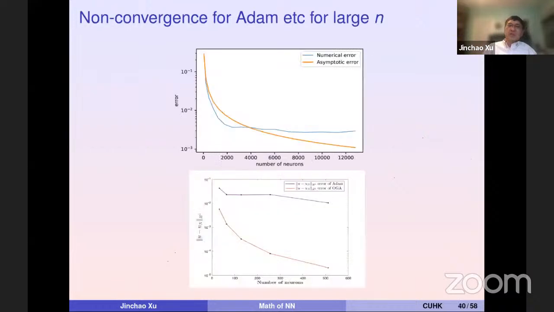I'm going to address these things a little bit. So here's the deal. This yellow line is maybe n to the -½, you go down, but if the neurons increase, they call them neurons, okay?